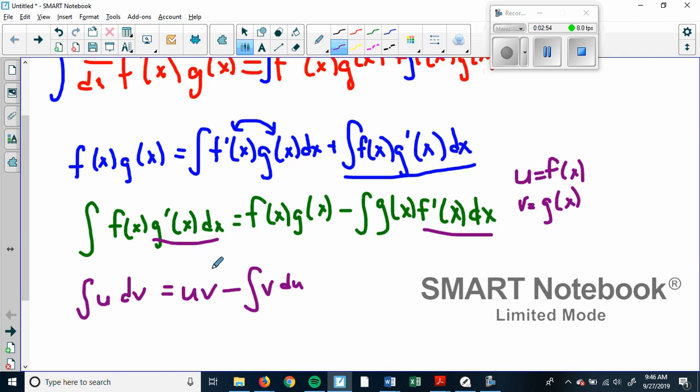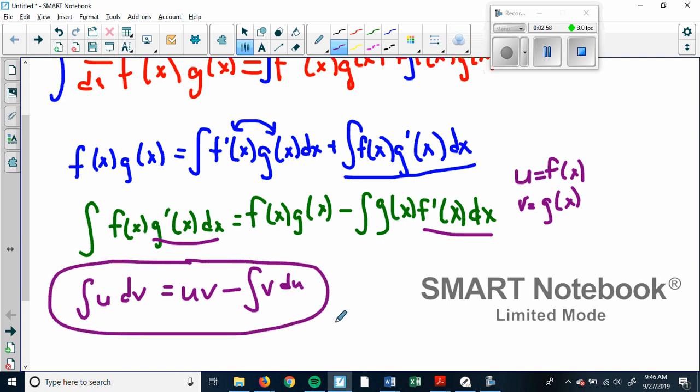So this is the integration by parts rule. We're going to use that a lot this year, and especially in the next couple of days in class. So let's look at an example, and then you're free to practice this on your own.